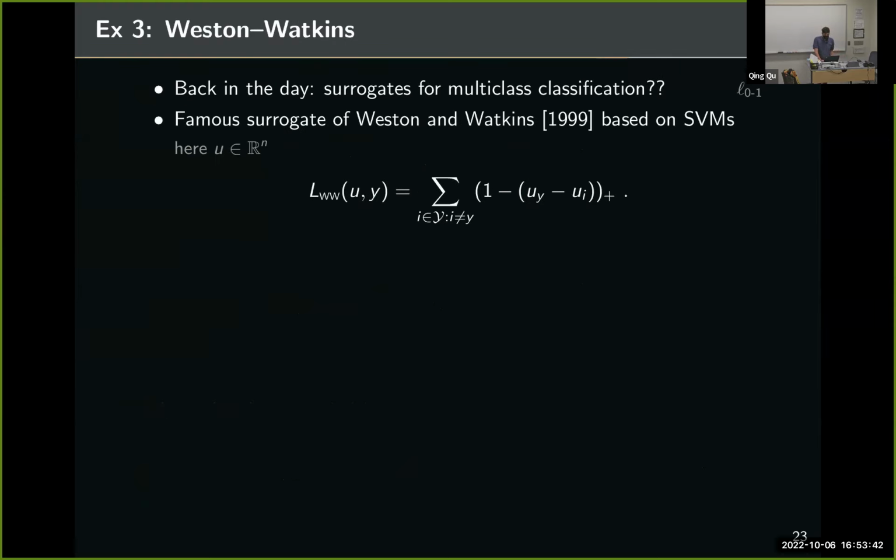Okay, I wanted to plug this application. Back in the day, we were trying to find surrogates for multi-class classification, and Weston and Watkins proposed some hinge-like surrogate. It was later shown to be inconsistent by Ambroladze and Peter Bartlett.